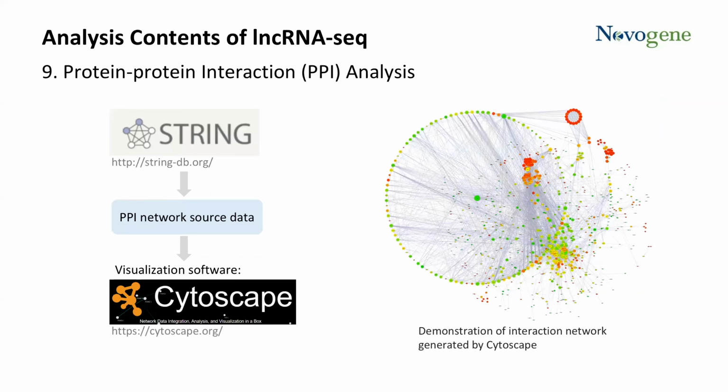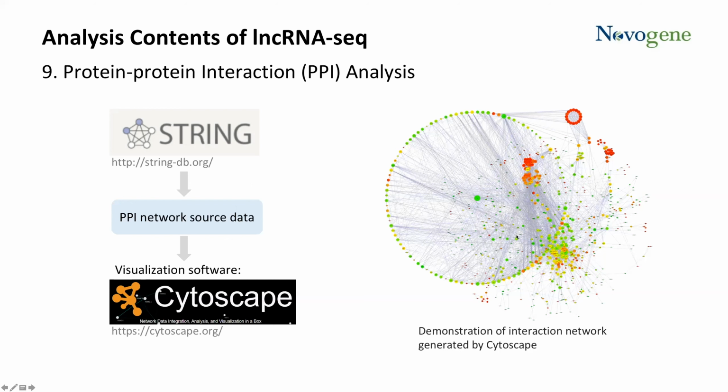The last part of the analysis is a protein-protein interaction analysis. In this, we extract the protein-protein interaction information of the targeted gene list from the STRING database and then import into software called Cytoscape and provide you data which looks like this.